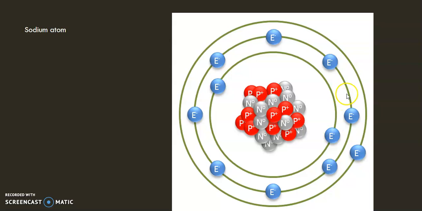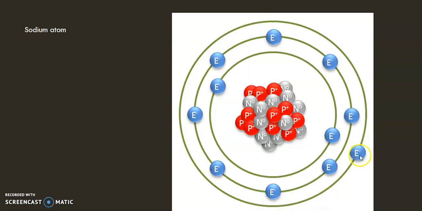The middle electron shell has 8 electrons, and once you get 8, that's full. But sodium has an additional electron, so it has 11 electrons. That last electron is going to be in the outermost electron shell.